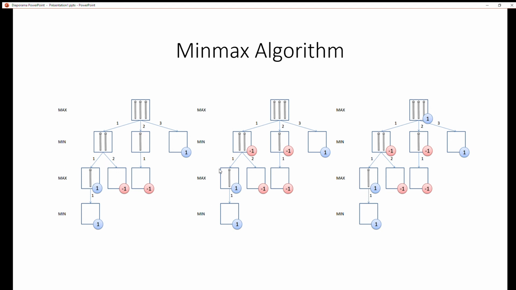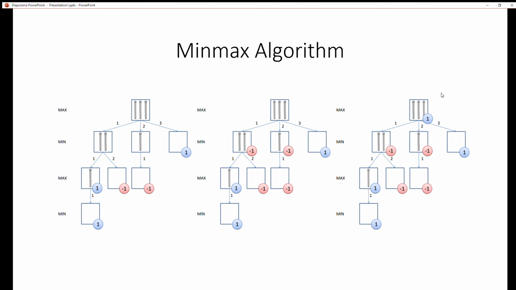For this second example, it's Min to play, and he has the choice to remove just 1 match or 2 matches. Because he wants to win and he wants to minimize the value, since when he wins it's minus 1 point, he will choose to remove the 2 matches, and so we put minus 1 here.